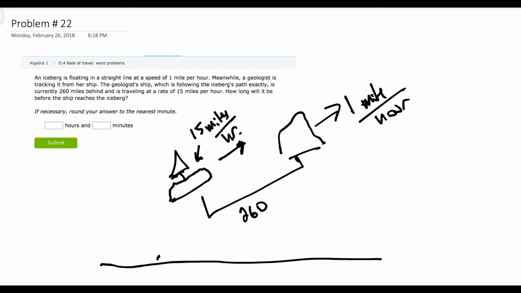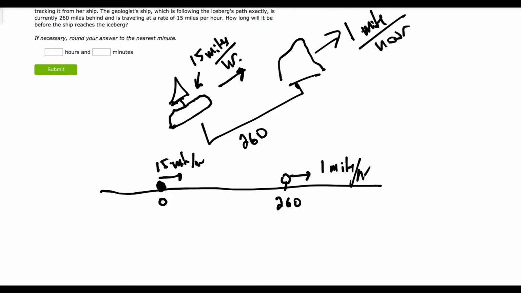You have one guy right here, I'll put it at 0, and then you have one at 260, and this one is moving at 1 mile per hour, and this one is moving at 15. And at some distance over here, they're going to meet up because this one's going faster, right?